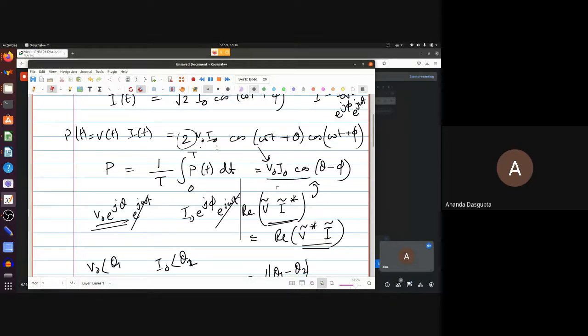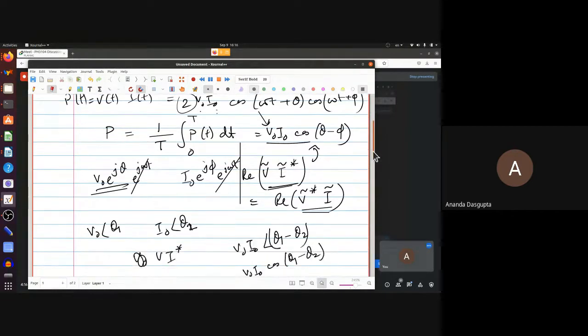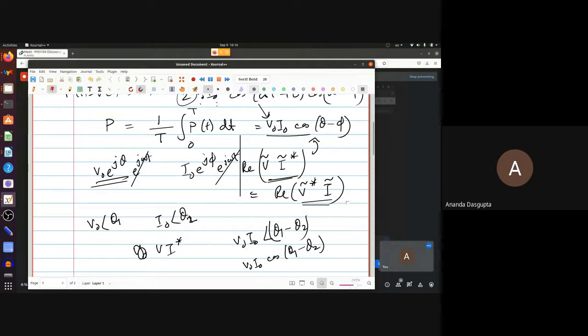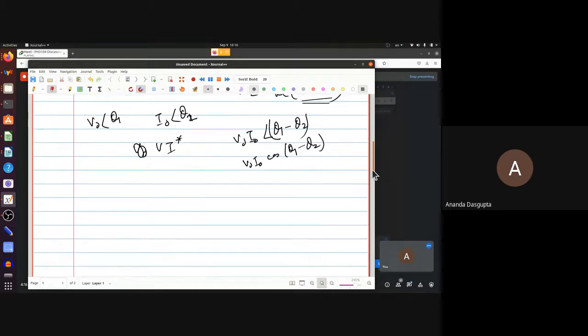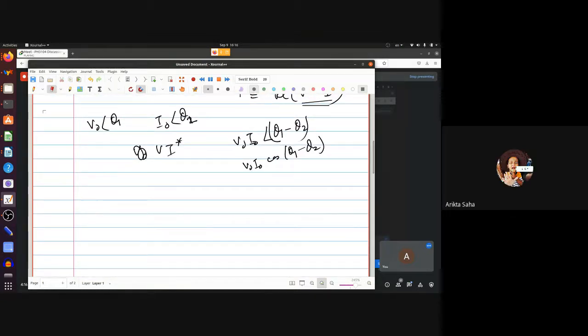Are you being quoted RMS values or other values? Is that clear now? Yes, sir. For RMS, you don't have a half. For peak, you do have a half.